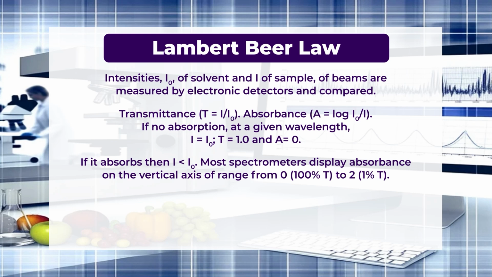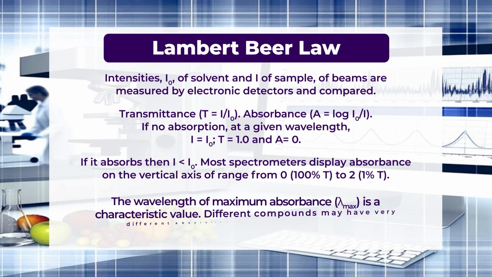Most UV visible spectrophotometers have a vertical axis range from 0 to 2 for absorbance. The minimum is 0, the maximum is 2. At 0, transmittance is 100%, and at an absorbance of 2, the transmittance is 1%.